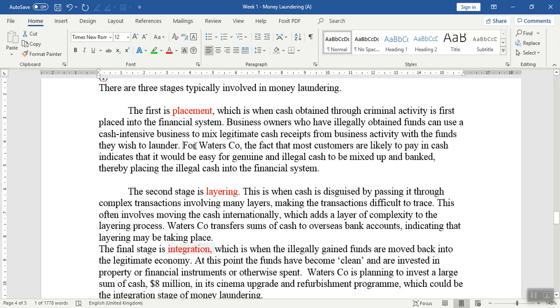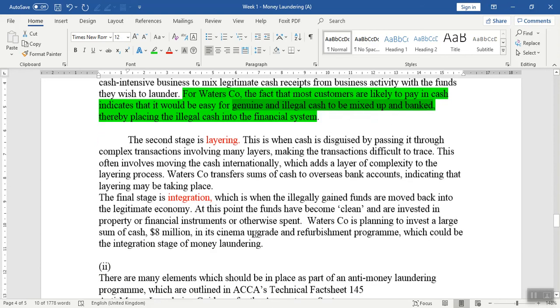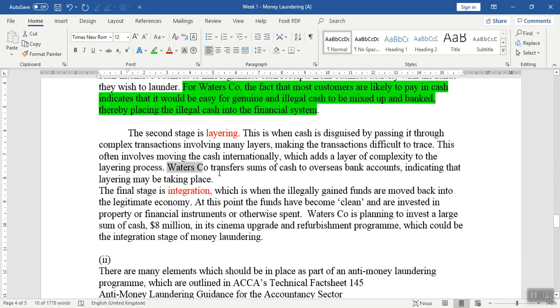Placement. How to get marks? Because the customer paid in cash, it will be easy for genuine and illegal cash to mix up and enter the bank. So this is the example. Why high risk? Because Waterco transfers a sum of cash to an overseas bank account, indicating layering may be taking place. So these 2.